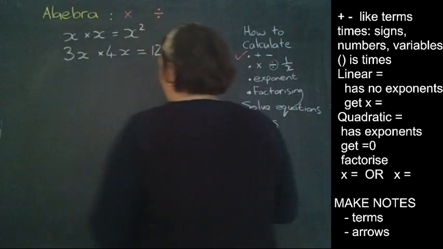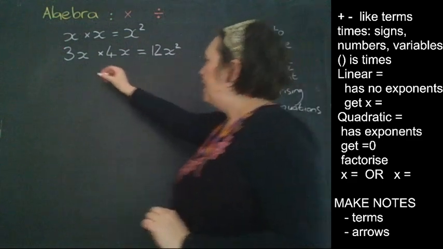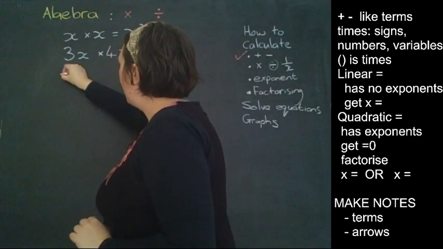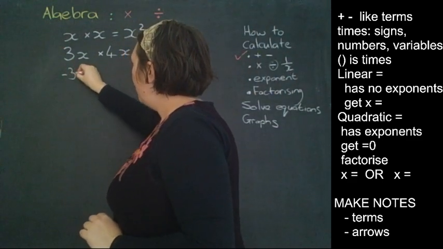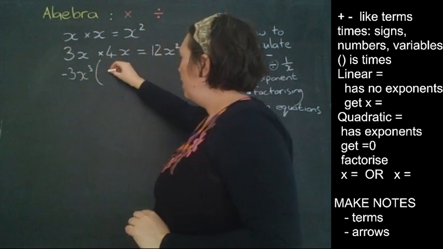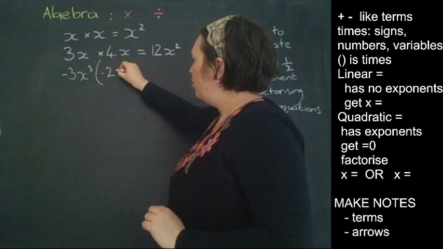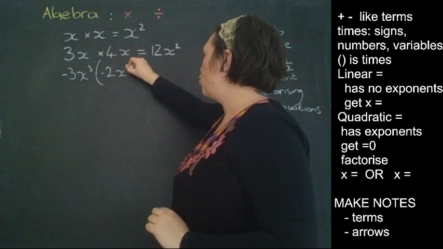So now the important thing that I also want to show you is, let's say we've got this: minus 3x to the power 3, minus 2x squared.